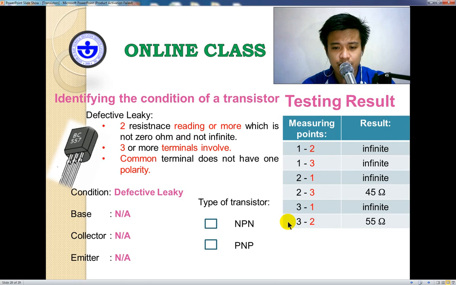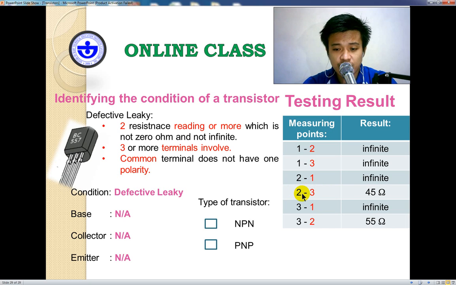So let's see, for example, based on this data in here, this is actually more or less can be considered as good because there are only two readings. Yes, two resistance reading, but this can be also defective under leaky because there are two readings. Then the second is three or more terminals involved. How many terminals are involved in here?